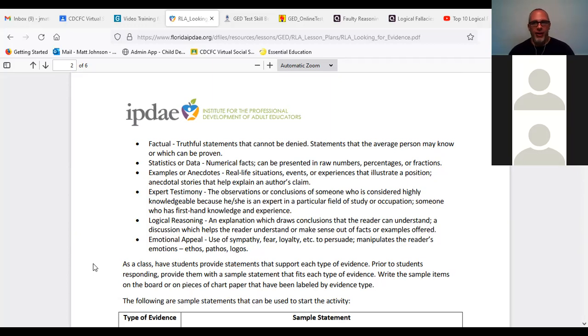So this is also evidence, but I've mentioned this, right? It typically only deals with one scenario or one situation. So real life situations, events, or experiences that illustrate a position, anecdotal stories that help explain an author's claim. And they're fine. You can use anecdotes, you can use examples, but it is not necessarily enough information.